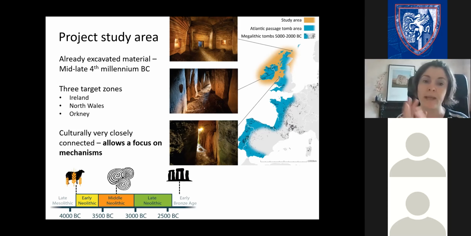I picked those 3 areas because we know culturally they're very closely connected, temporally very closely connected, and it allows us to zoom in on the mechanisms between those communities and how they were influencing each other. Were they doing similar things to enable them to build the monuments that are appearing in their areas?